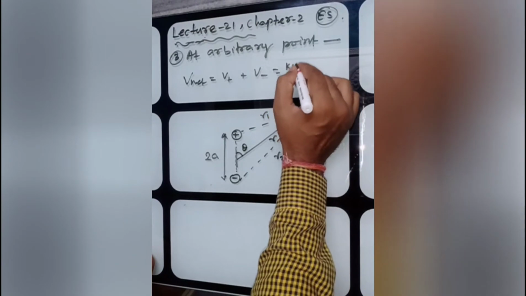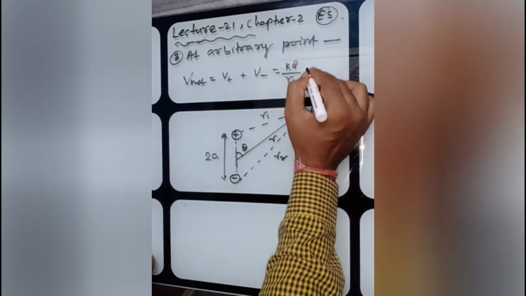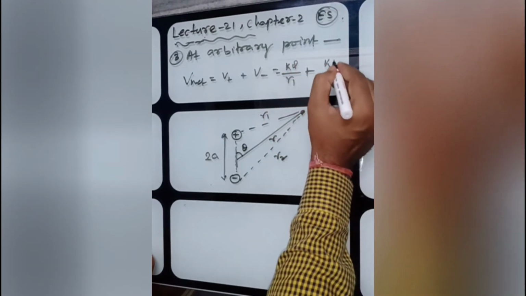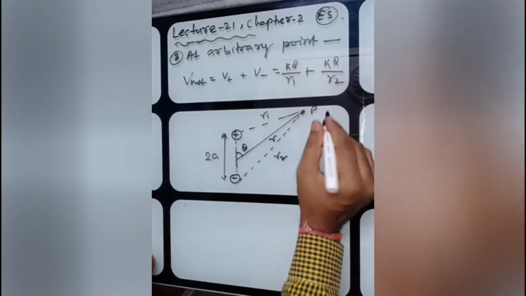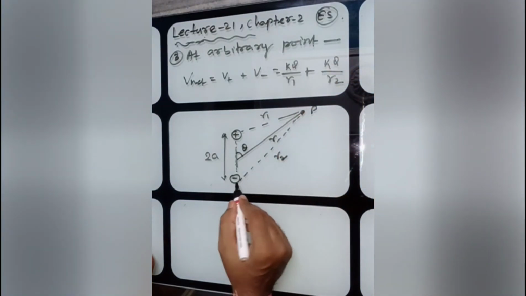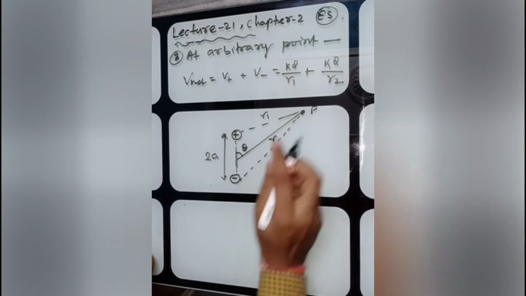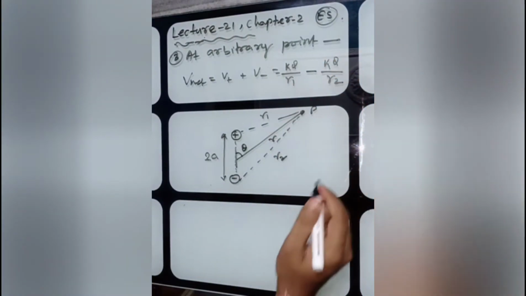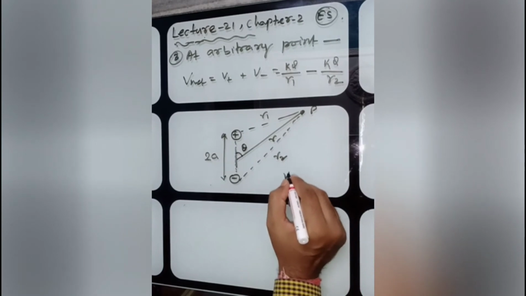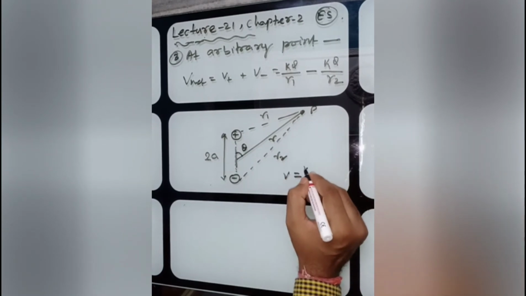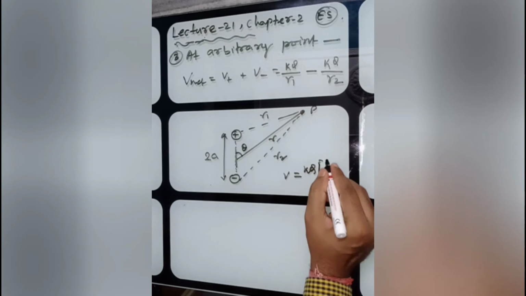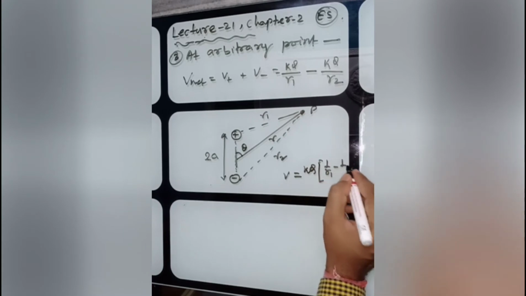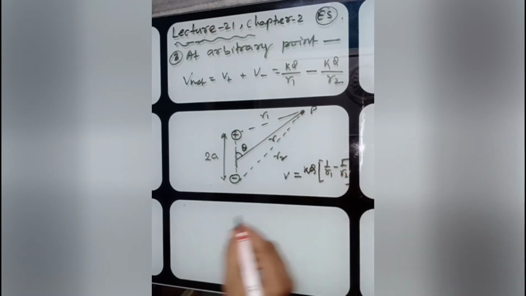It is KQ by R1 plus KQ by R2. But for the negative charge at R2, we have to take the nature also. So overall, we have the net potential as KQ common, 1 by R1 minus 1 by R2. That we have to find. This is the net potential.